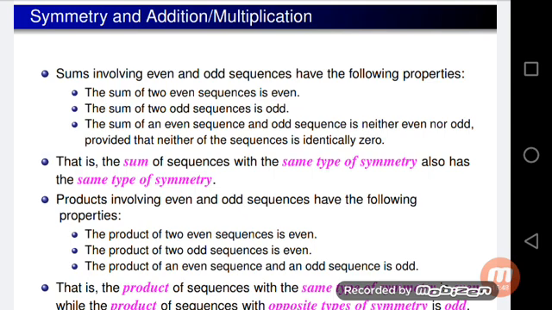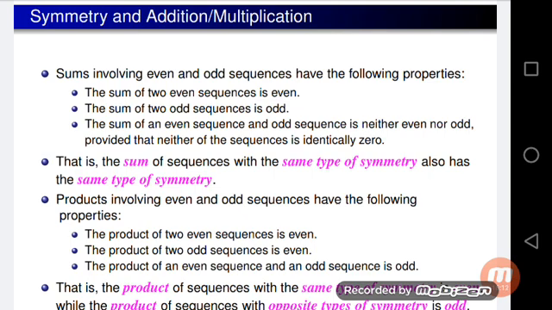For example, 8 plus 8, 8 is even, and 16 is even. So, sum of two odd sequences is odd.